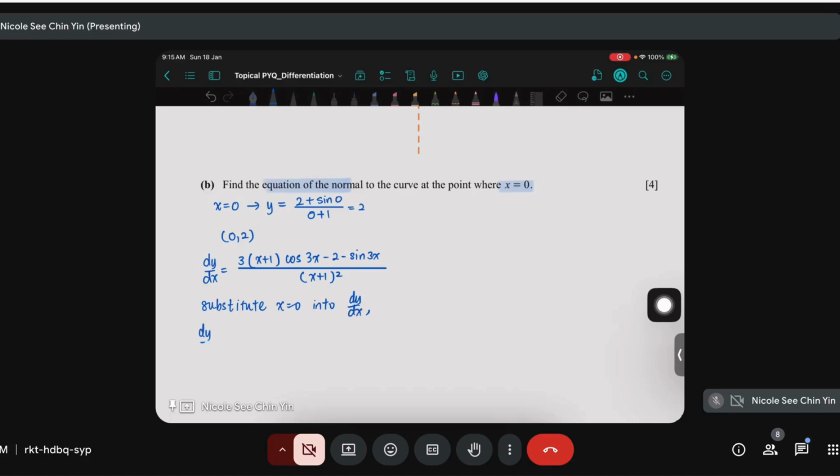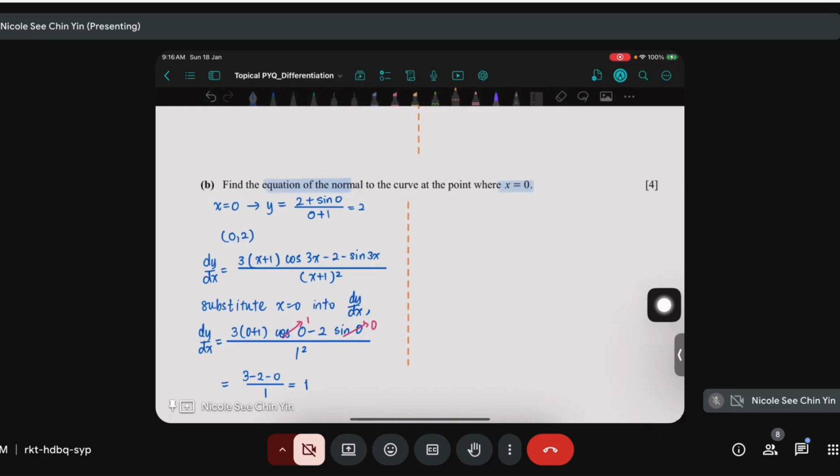So my dy/dx we're getting 3 times (0 plus 1) cos 0 minus 2 sine 0 over 1 squared. You must know cos 0 is actually 1, sine 0 equals 0. So from here I will get 3 minus 2 minus 0 over 1, which equals 1.